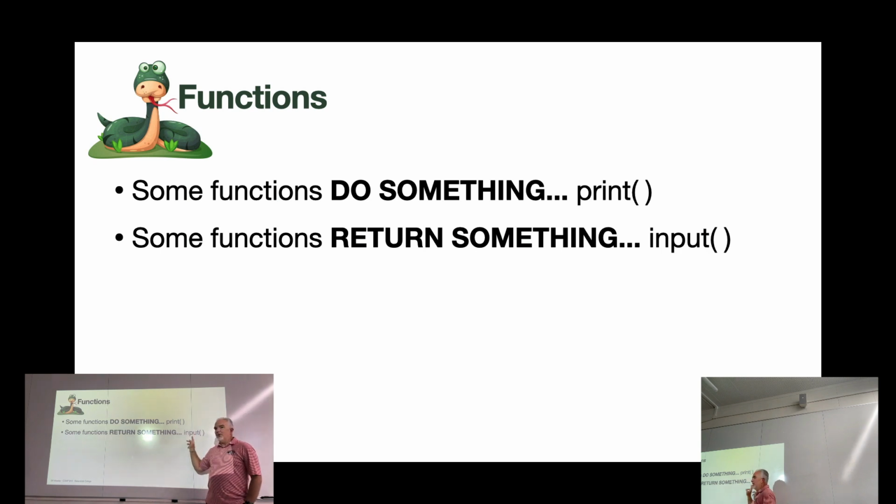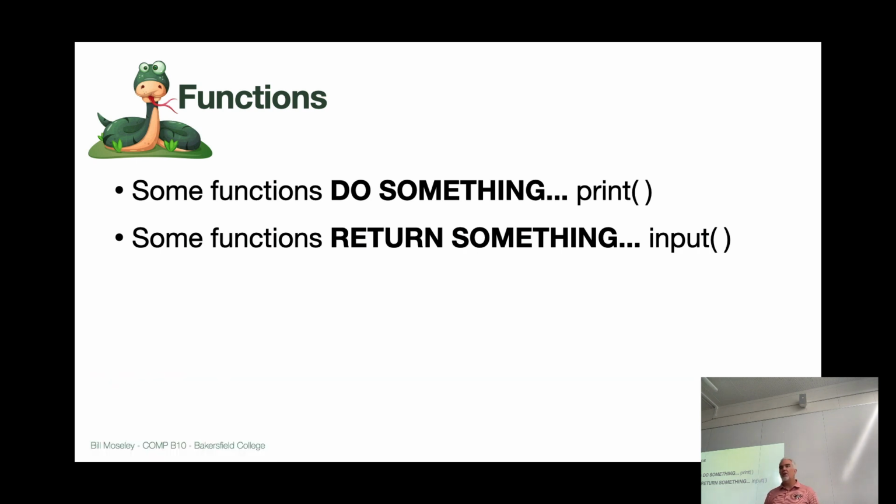I'm going to teach you about input here in just a second, but type was another one of those return something functions. In other words, it sends something back to the program, but it doesn't necessarily do anything visible or invisible in the program. A function can be one or the other of these.